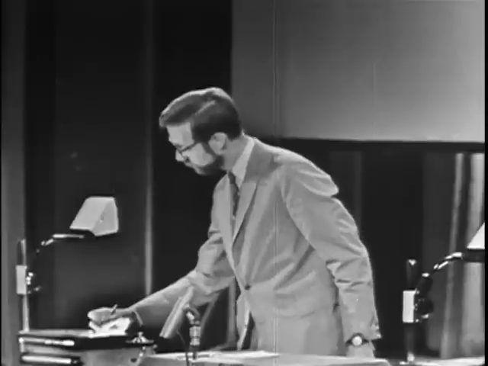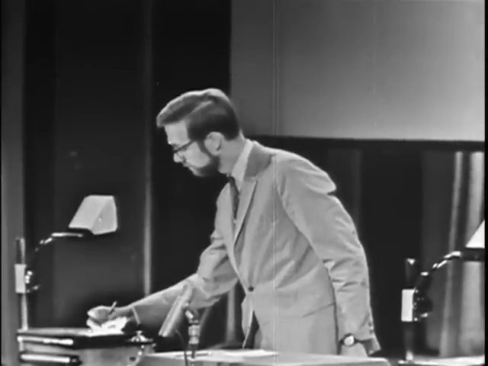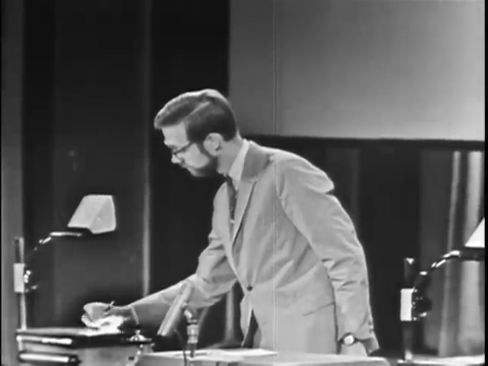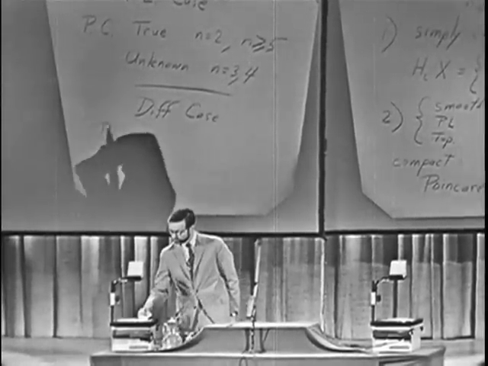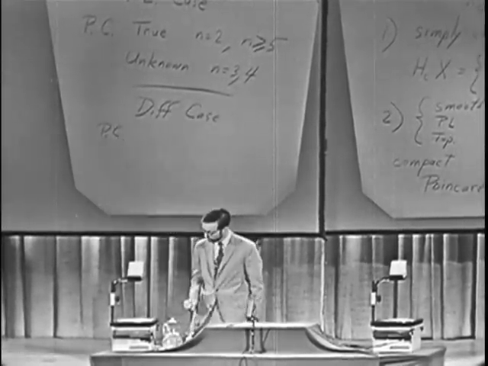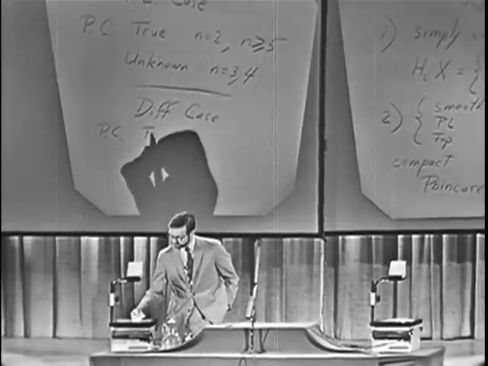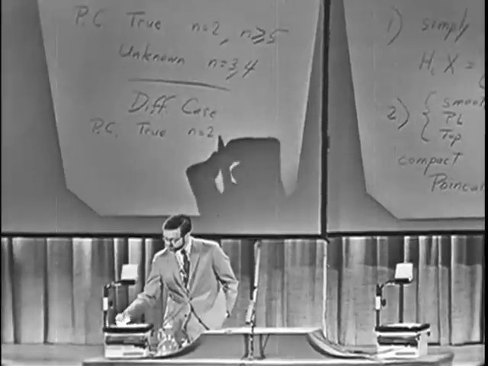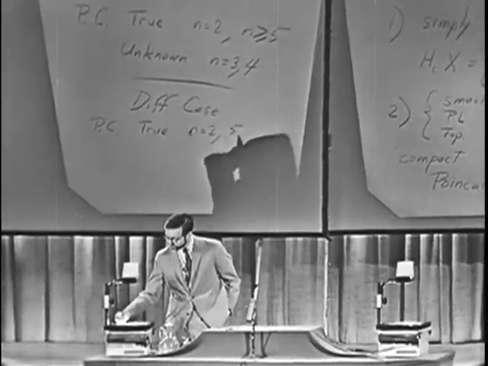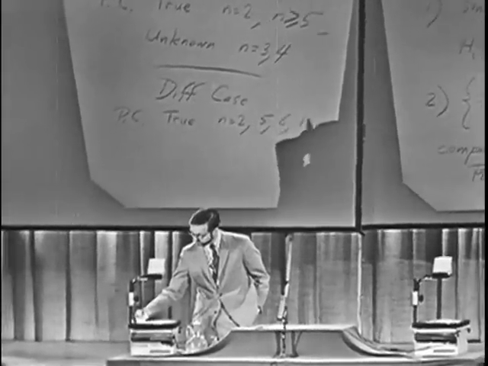And finally, let's look at the differentiable case. The differentiable version of the Poincaré conjecture turns out to be true if n is equal to 2, 5, 6, or 12.